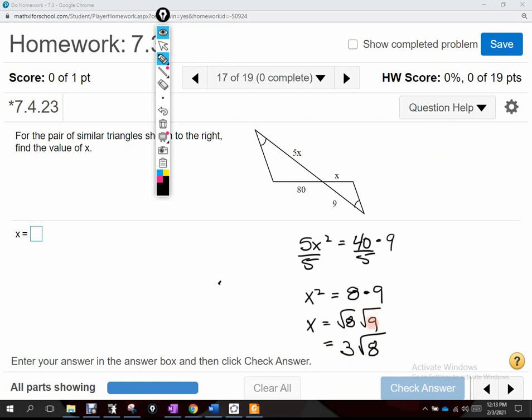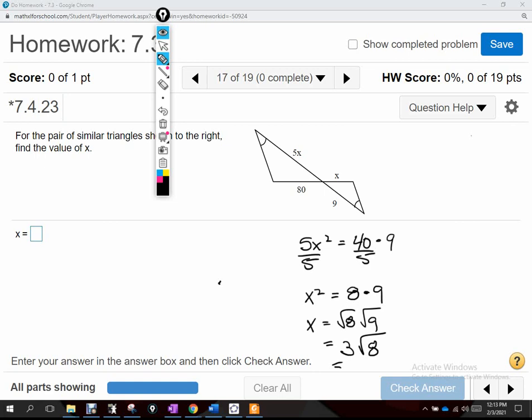8 is not a perfect square like 9 was, okay? But what we can do is simplify this. And basically, when we simplify a radical, we're looking for the greatest perfect square that will divide 8 evenly. That 8 is called a radicand, R-A-D-I-C-A-N-D.